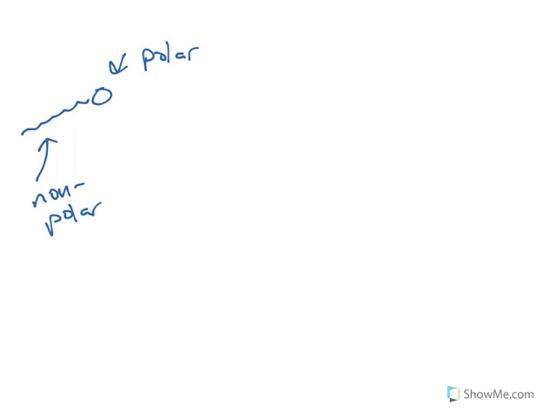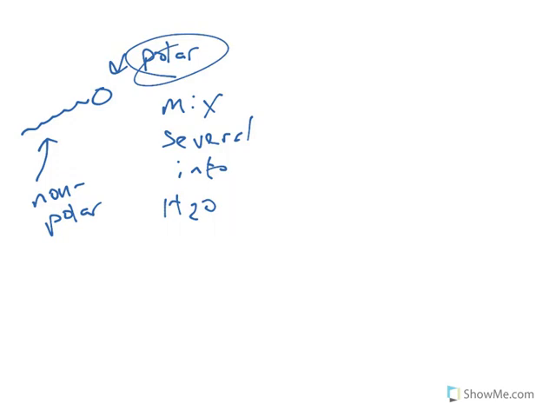Okay, so if we put this molecule into water, or several of these molecules, which part of the molecule is going to like water and which part is not? The answer is the polar end is going to like it and the nonpolar end is going to avoid it.